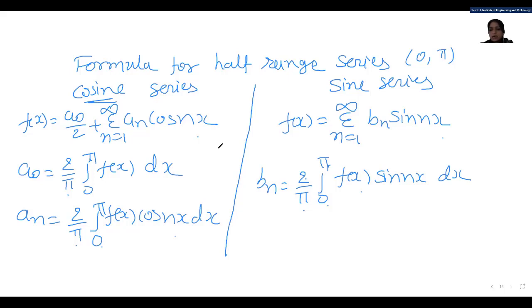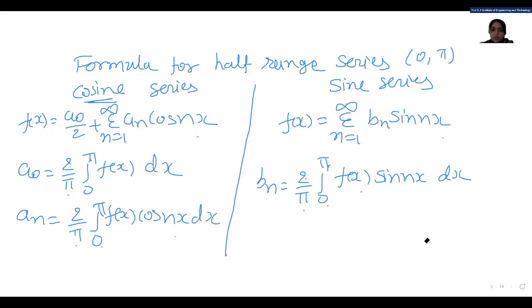You have to apply even and odd functions if and only if your integral is minus L to L or minus pi to pi.